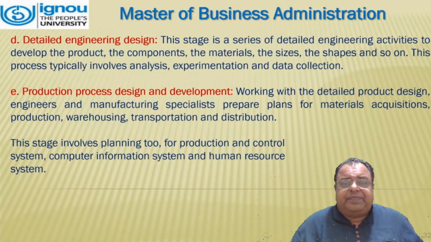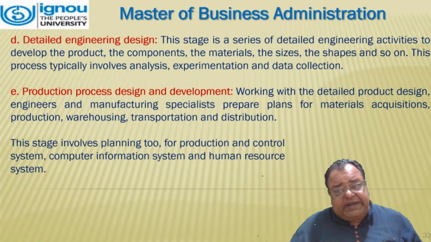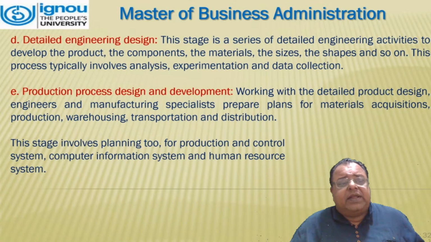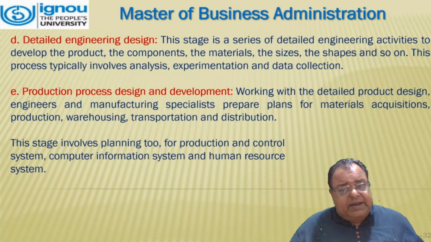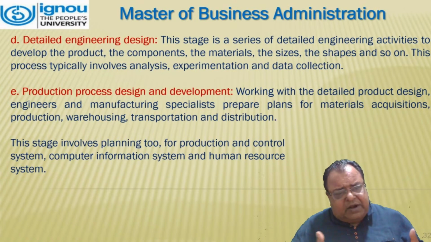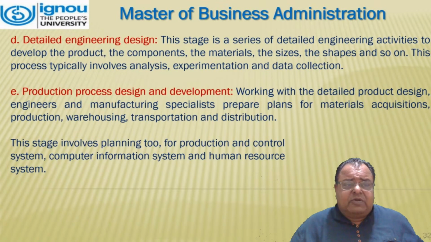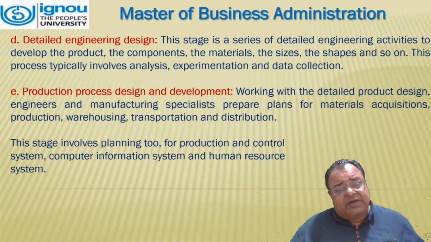In this stage, it is a series of detailed engineering activities to develop a product: the components, the materials, sizes, shapes, and so on, which are a part of the system. This process typically involves analysis, experimentation, and data collection. The fifth one is production process design and development.